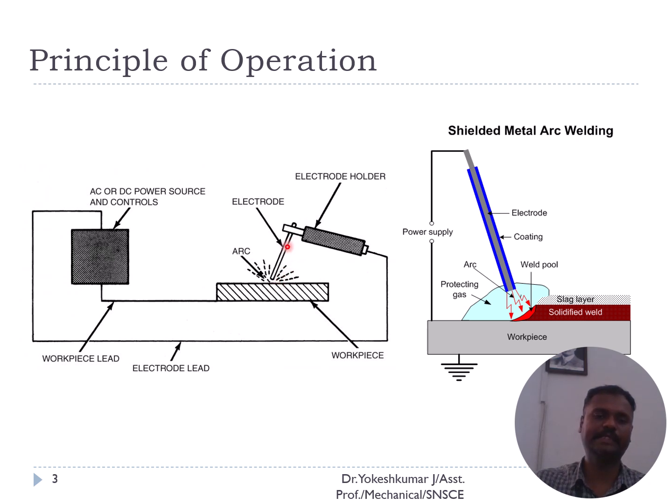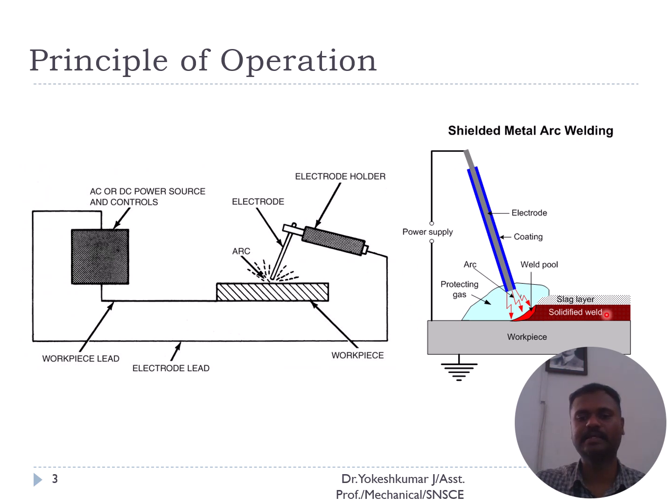The arc is created between the electrode and the workpiece. That arc generates an enormous amount of heat, which is used to melt the metal. After melting the metal, if the workpiece thickness is very high, we have to supply filler metal to join the two parent metals.